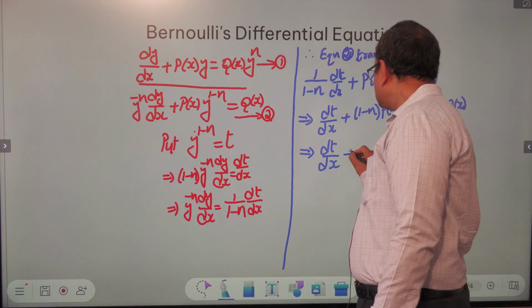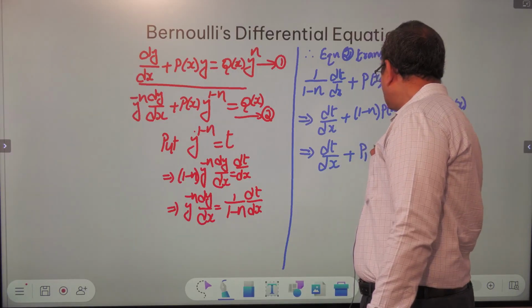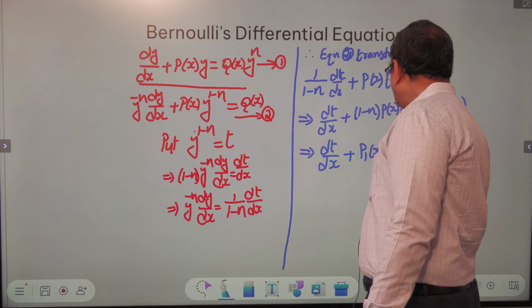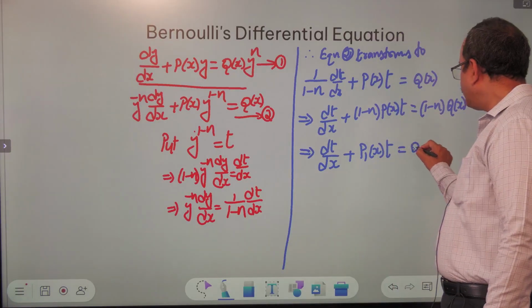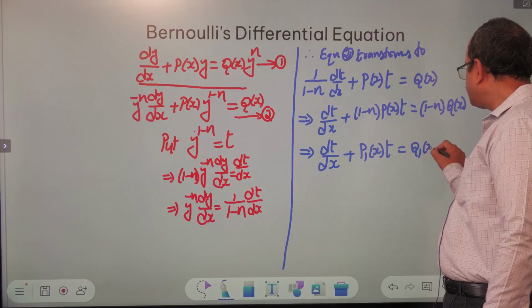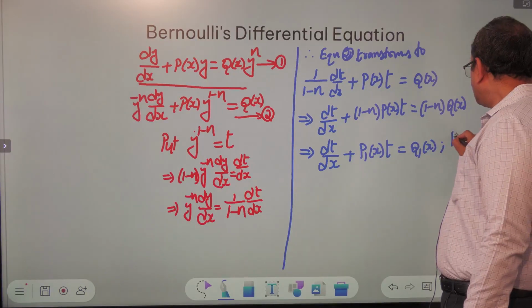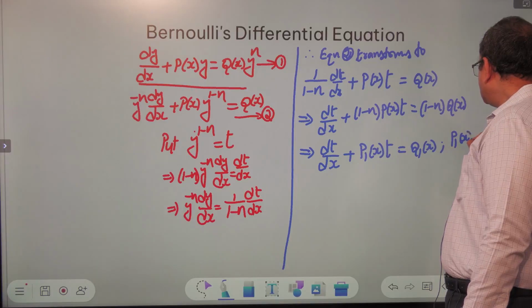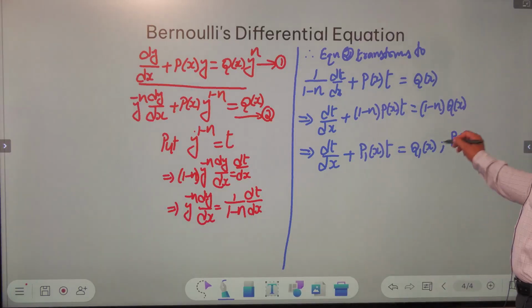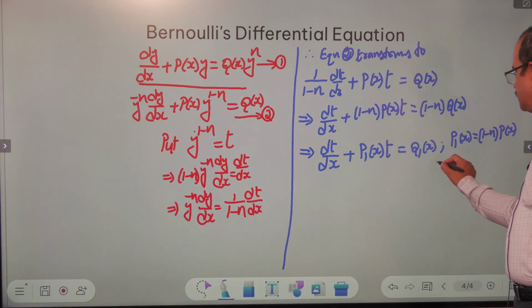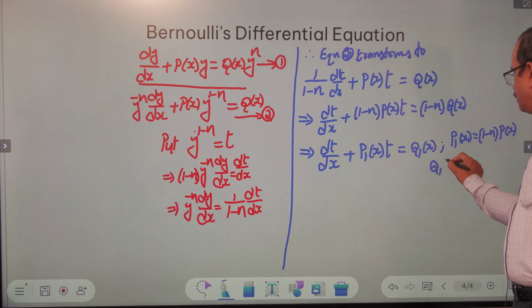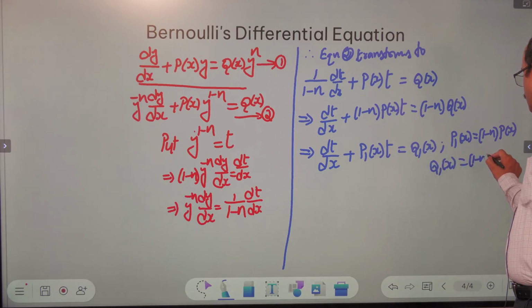So dt by dx plus p1 of x into t is equal to q1 of x, some q1 of x we can write. Where p1 is equal to, it is very easy to observe, p1 is 1 minus n into p of x. Similarly q1 of x is also the same as 1 minus n into q of x.